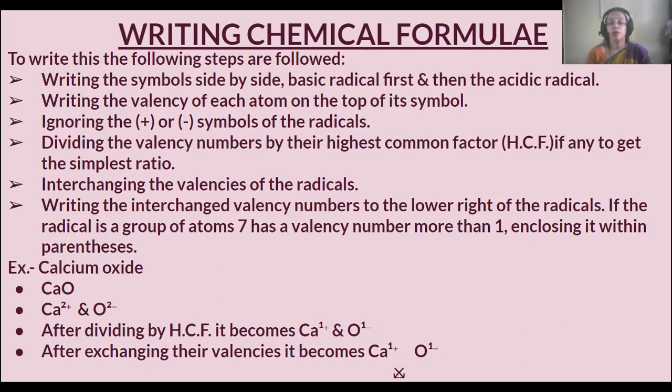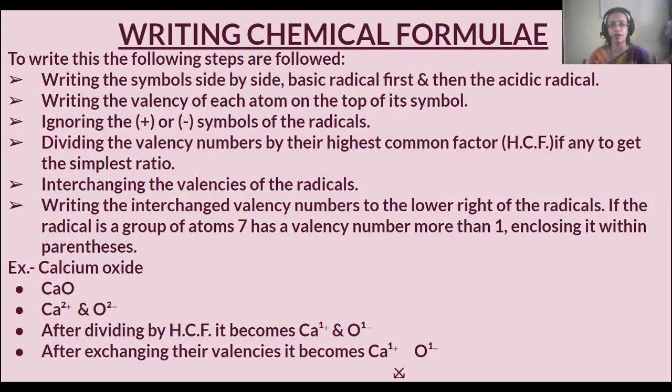So let me start with today's video. In my last video, the last portion was about writing a chemical formula. First, we write the basic radical, then the acidic radical, and then their symbols, with the valencies on the top of each symbol, with the plus or minus sign.